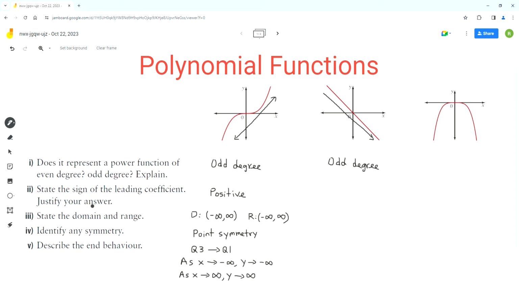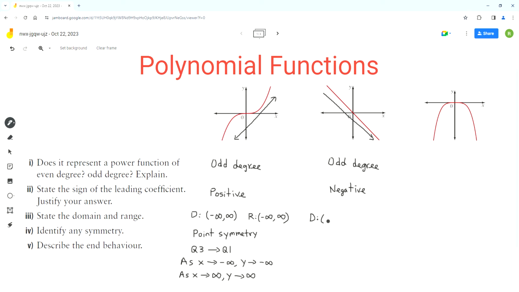Now we have to write the sign of the leading coefficient. In this case, the sign of the leading coefficient is negative because the graph is going down from left to right. Now the domain of the graph: the graph spans the whole x-axis from left to right.